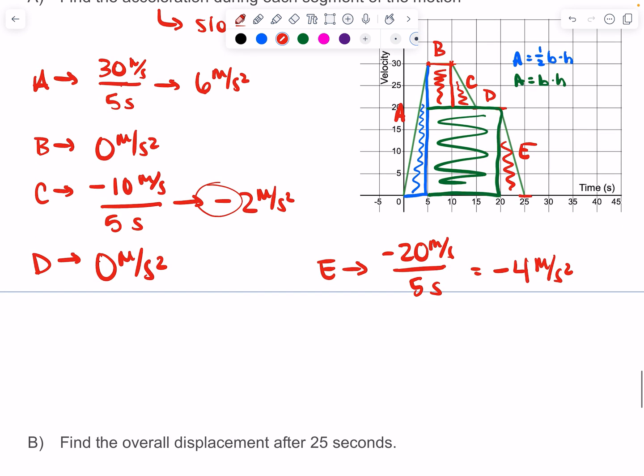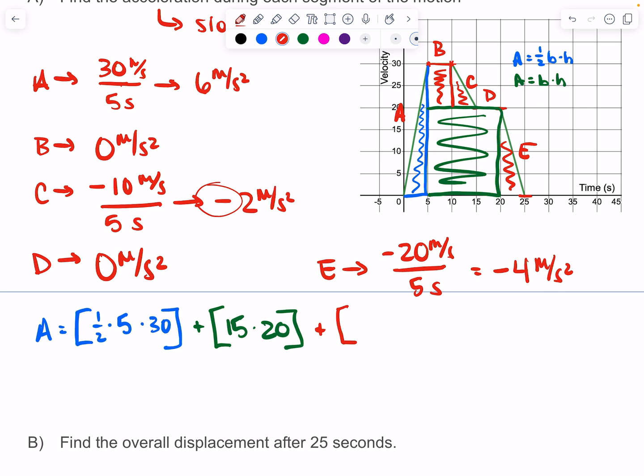So let's say in that first triangle, we have 1/2 times 5 times 30. And then in that green box, which is just a square, it looks like my base is 15 and my height is 20. And then I got a couple red triangles and rectangles up there.